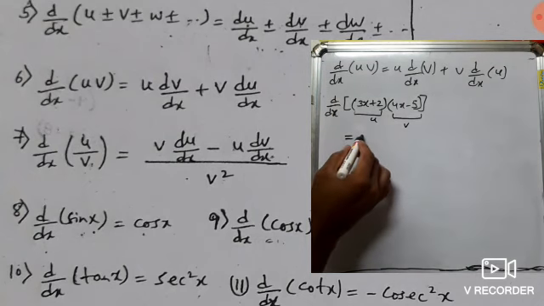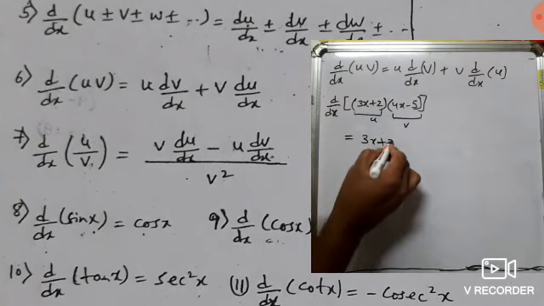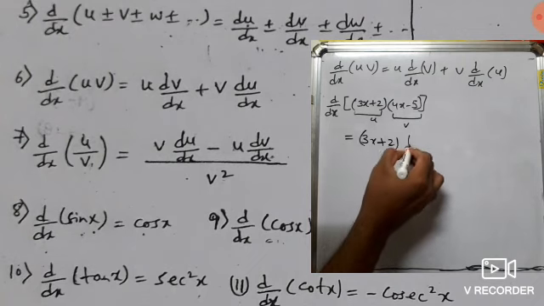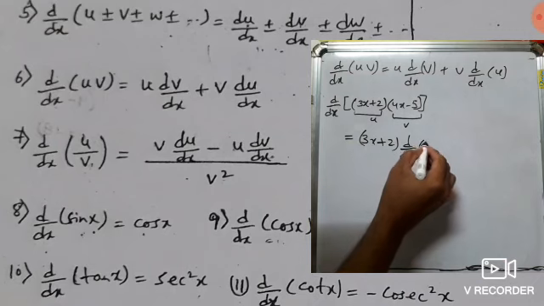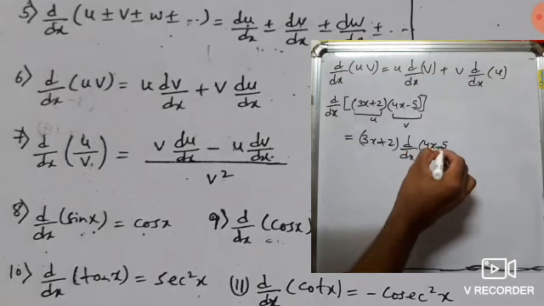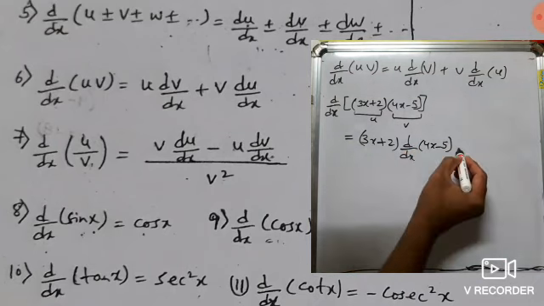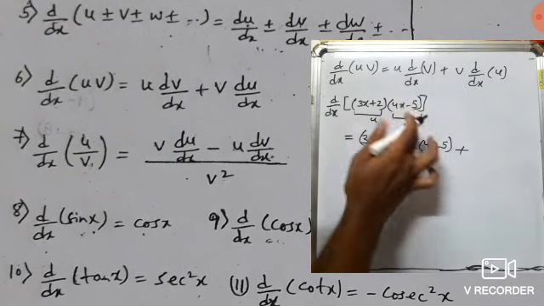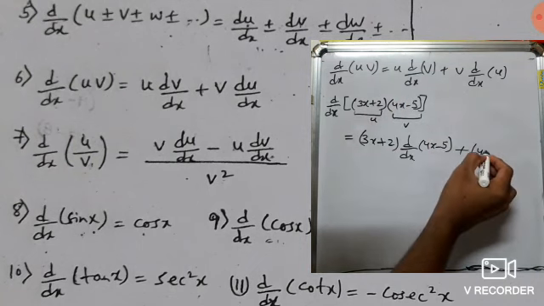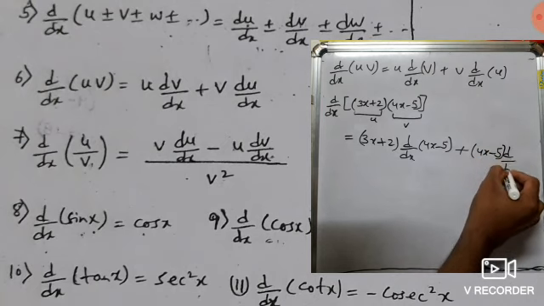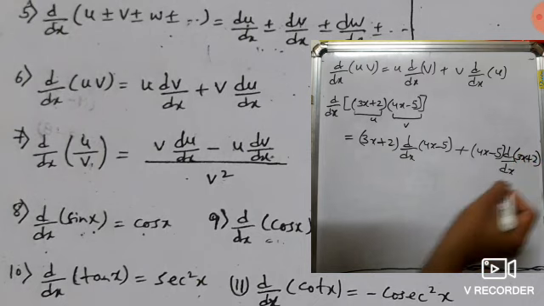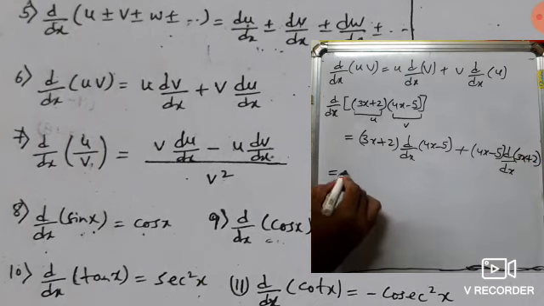First u will come in front, meaning 3x plus 2, d/dx of v. v is this one, 4x minus 5, plus v will come in front, v means 4x minus 5, d/dx of 3x plus 2. So we have to solve this.